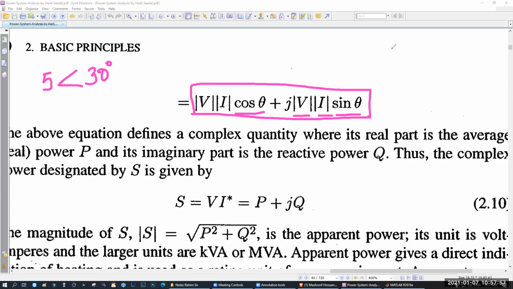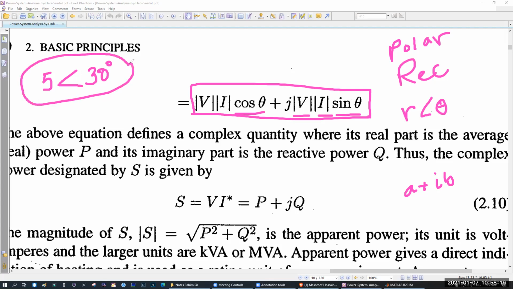One is called polar form, another one is called rectangular form, right? What is polar form? Polar form is this one, R angle theta. And what is rectangular? A plus jB, right? Now this one is polar. So how can you convert this to rectangular form?